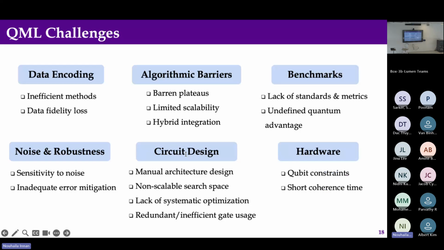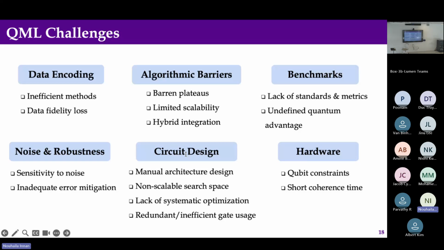Then the last challenge is the hardware. Of course, there is the qubits constraint right now, even though with some companies we have around 265 qubits. But still, moving from the software side, which is designing the algorithm, to the hardware, is also something, because somehow you need to make sure that your algorithm, or what you are proposing or designing, is suitable for that hardware.